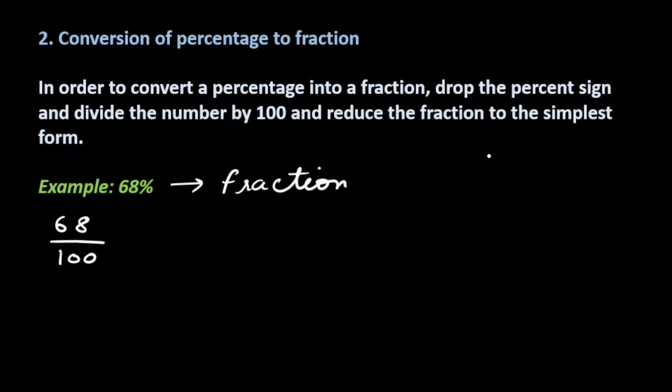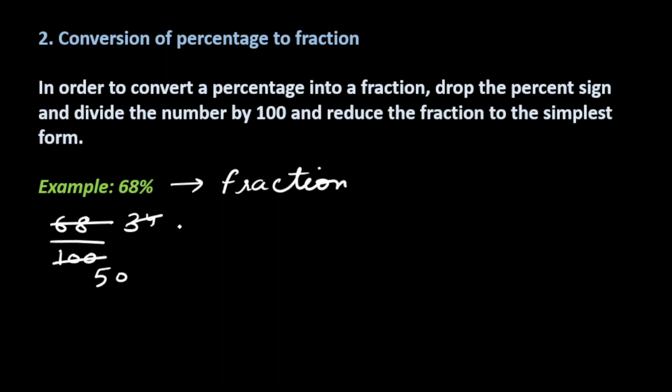In the previous part, when we were converting a fraction to a percentage, we were multiplying with 100. Now we are removing the percent sign, so we do the opposite: we divide by 100. Now we reduce the fraction to its simplest form by cancellation. 2's table: 2 into 34, 2 into 50.